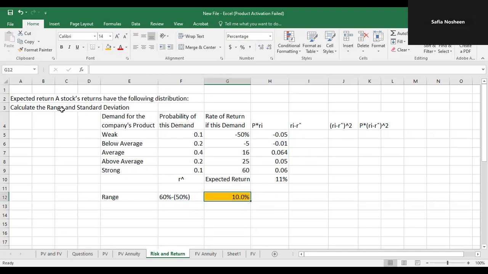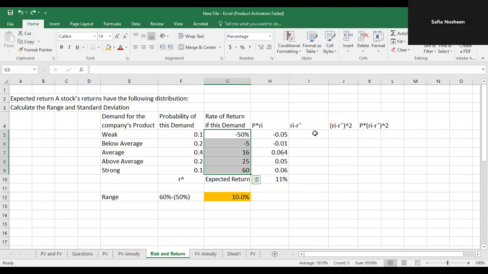The next one is to calculate the standard deviation. To calculate the standard deviation, our first step is to calculate the deviation between the individual return, this column, and the expected return, this value. So Ri minus the expected return: minus 50% minus 11%, minus 5% minus 11%, 16% minus 11%, 25% minus 11%, and so on.